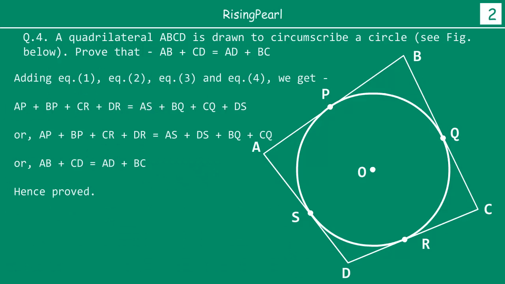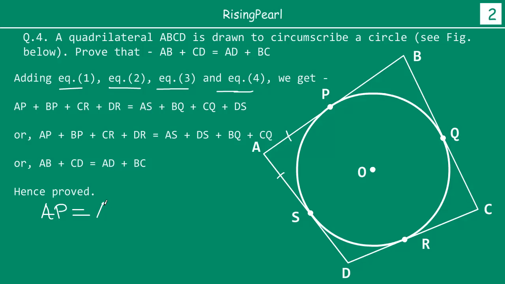Now, what we have here, friends, is that you would want to add equation 1, equation 2, equation 3 and equation 4. The way we are going to add these is, we have AP equals AS.